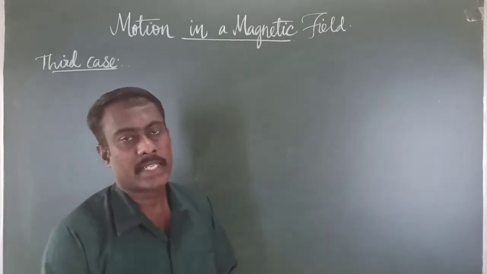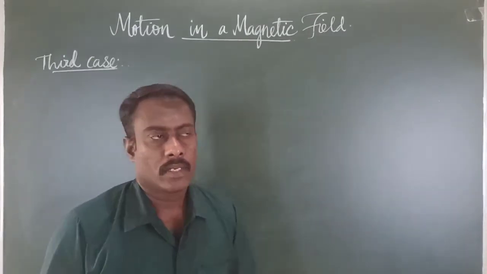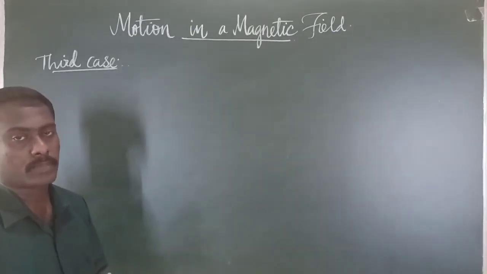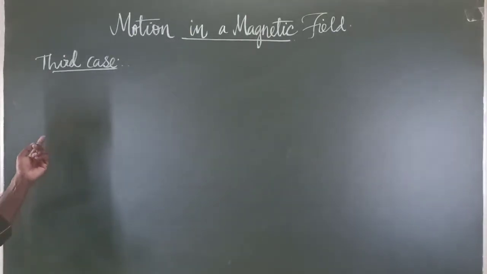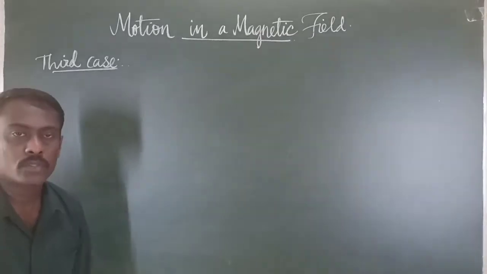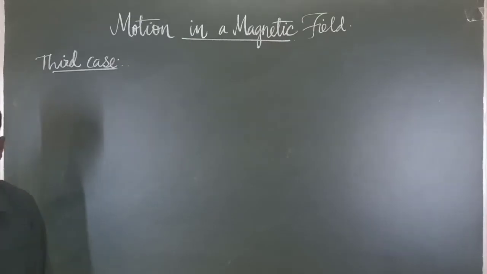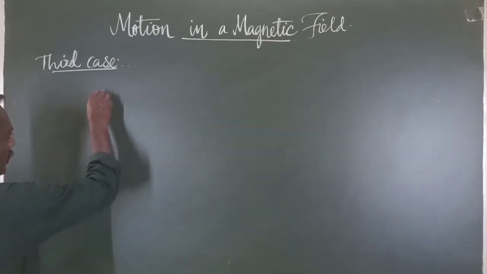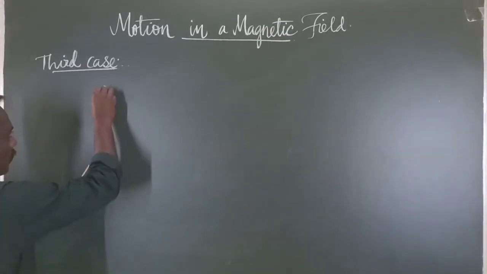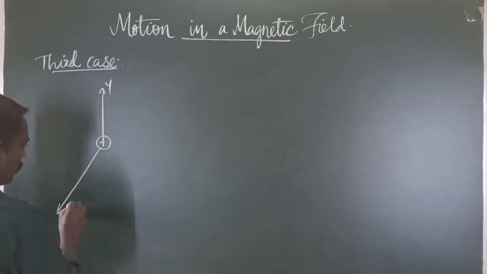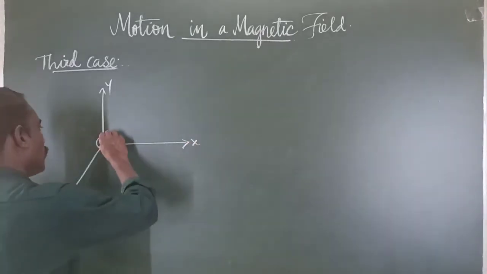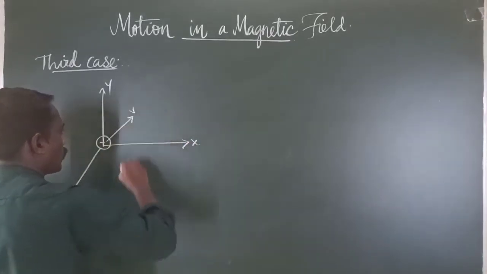The third case we are going to consider is when the angle between the magnetic field and the velocity of the particle is any angle other than 0, 90 and 180 degrees to the field. So here let us consider a charge in the x, y, z directions, and the velocity is v.